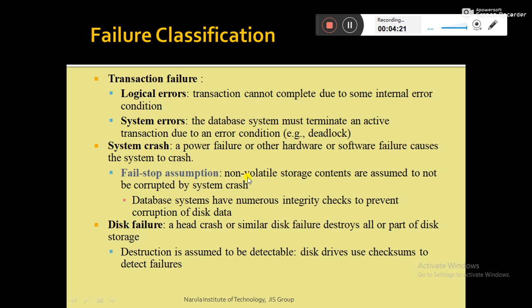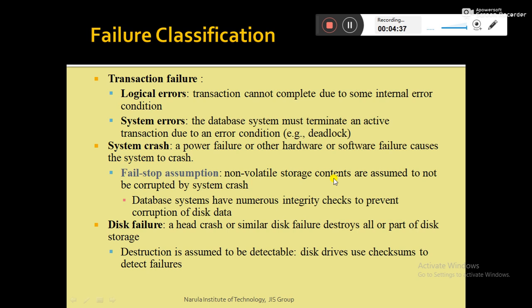And here the assumption is that the non-volatile storage contents are assumed not to be corrupted by the system crash. Non-volatile means the hard disks. So whatever content we have in the hard disks is supposed not to be corrupted by the system crash.